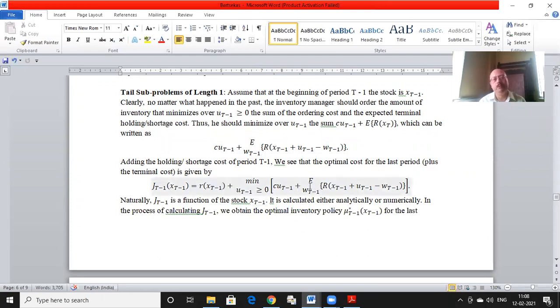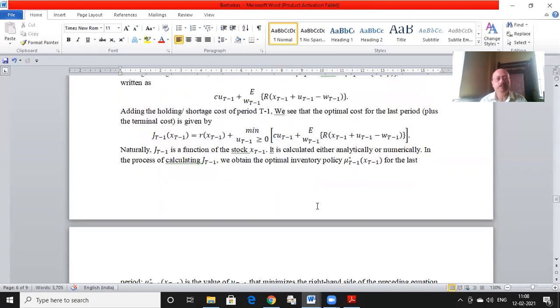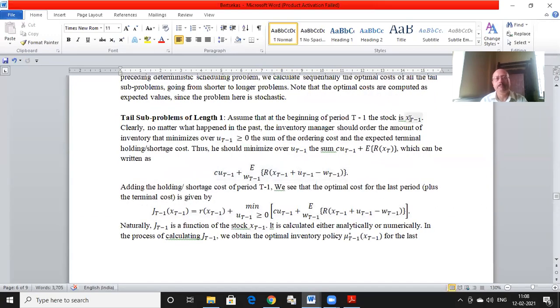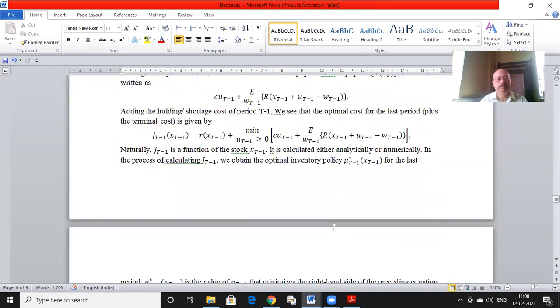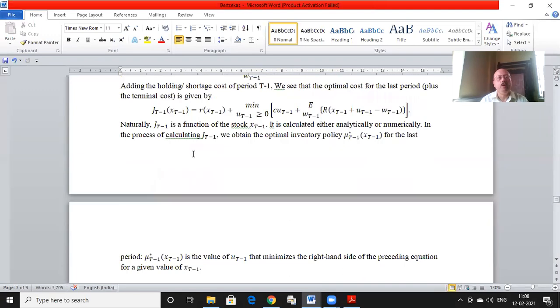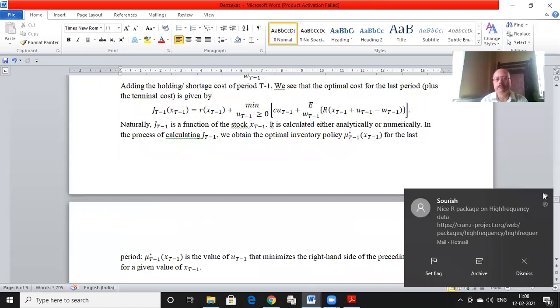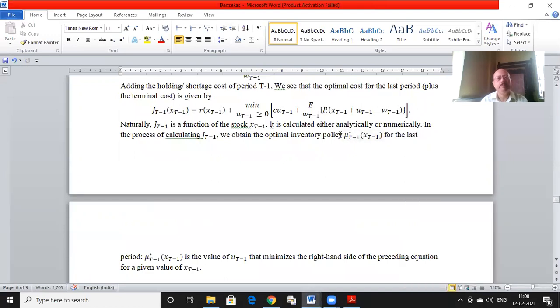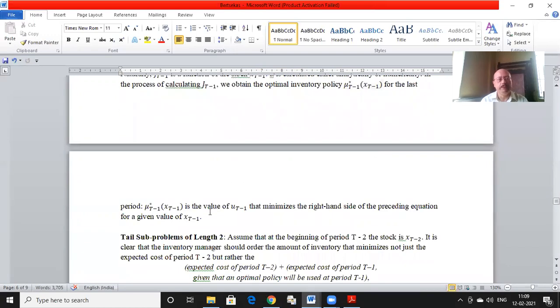It can be done if I know about the probability distribution for W. So J_{T-1} will come out as a function of X_{T-1}, the stock that I began with. Once I do that, the optimal U that I get from this minimization exercise, let me call that mu star T minus 1. So this is my optimal choice for the T minus 1 period.